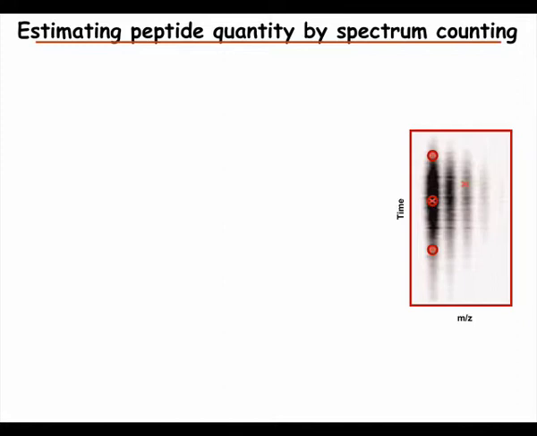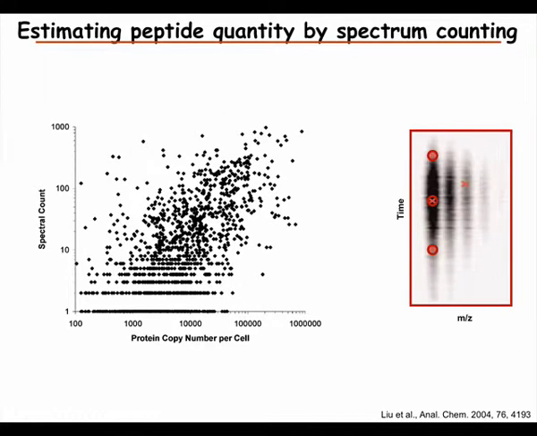So now there is one other way to estimate quantity, and that's by spectrum counting. What John Yates' group showed quite a few years ago is that if you look at copy number of a protein per cell against how many times we see a spectrum that corresponds to a peptide that is in this protein, there is definitely quite a correlation between these two.